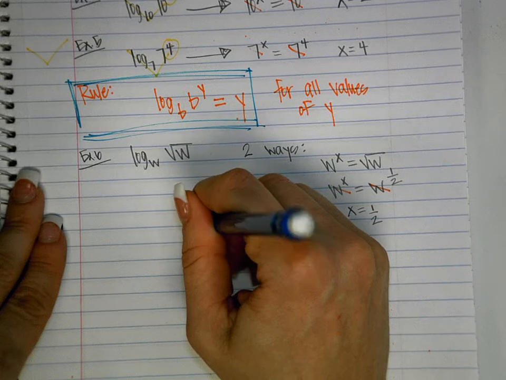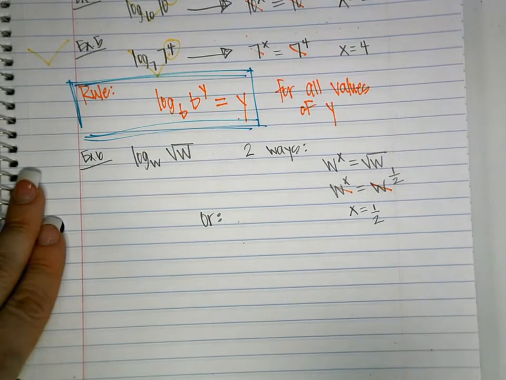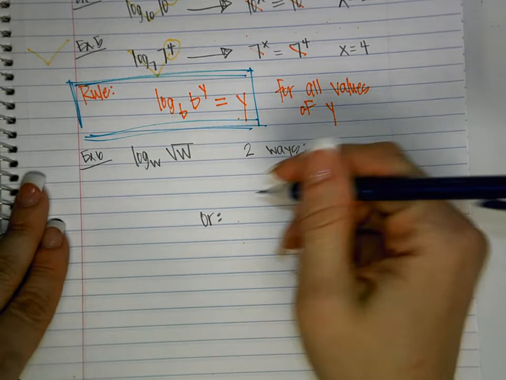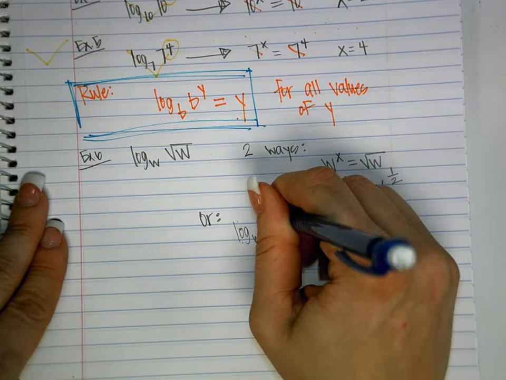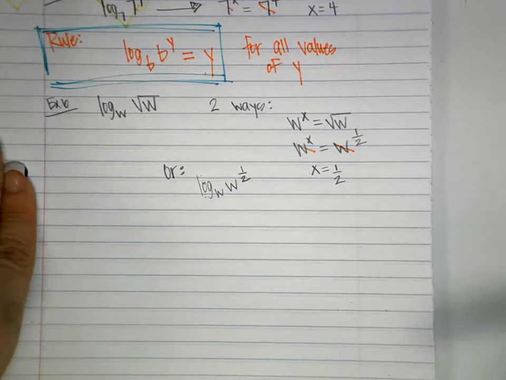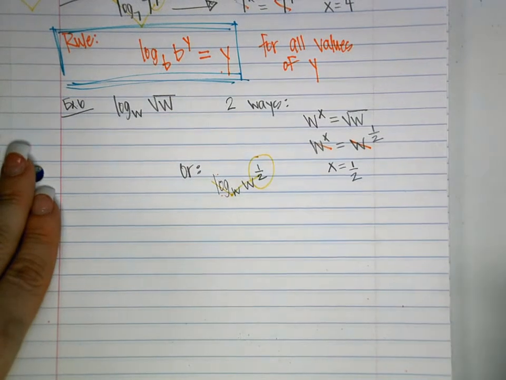Or the actually easier way to do this is to make it into a seagull problem. This could be rewritten as log base w of w to the 1/2. Then this seagulls away. 1/2 is your answer.